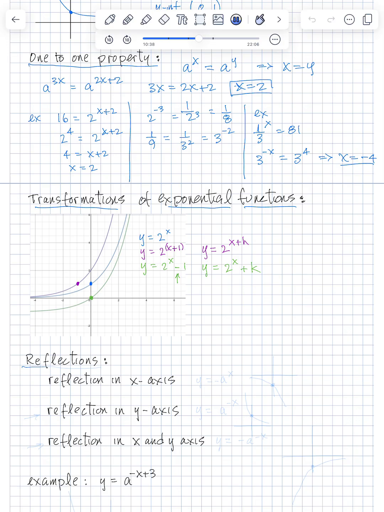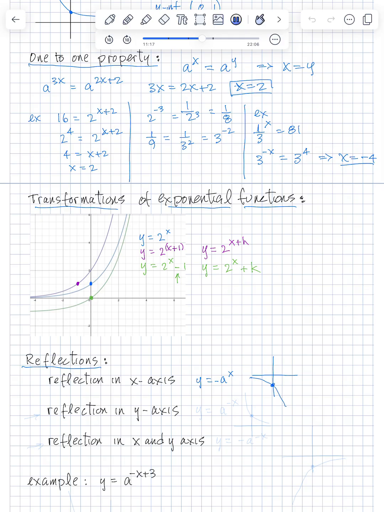So now let's look at reflections. If we have a reflection in the x-axis, that's going to be of the form y is equal to negative a to the x. It's going to be reflected in the x-axis, so it's going to have the intercept at 0, negative 1, and it's going to be in this shape like that.